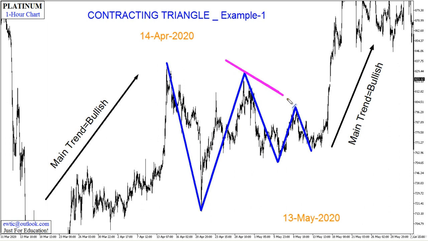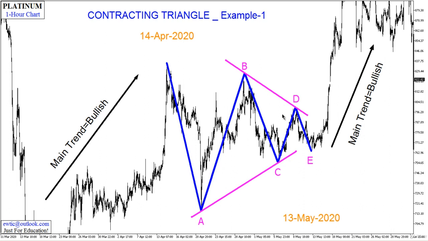We connect these extreme points and we label it. So A, B, C, D, and E. This is a contracting triangle. We always connect the extreme point of wave A with the extreme point of wave C, and extreme point of wave B with the extreme point of wave D. These two trend lines, this AC trend line and this BD trend line, they should contract, right?